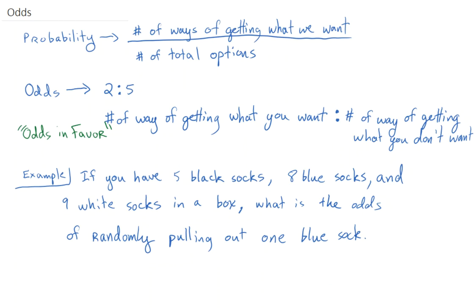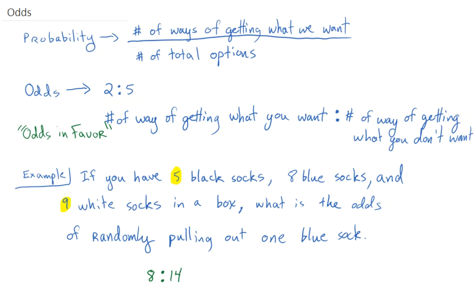So the way we would say this is, okay, the number of ways of getting what we want is that there's 8 blue socks. But the number of ways of us not getting what we want is we're just going to look at the things that aren't blue socks. So we have 5 black socks and 9 white socks. Adding that together gives us 14 ways of getting what we don't want.